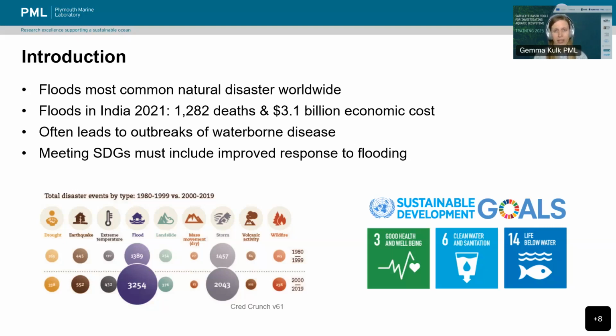Again, for this topic, it's important to consider the new United Nations Sustainable Development Goals, including SDG 3 for good health and well-being, 6 for clean water and sanitation, and 14 for life below water. And if we look at some of the targets of Goal 3, we see that one of them aims to strengthen the capacity of all countries, in particular developing countries, for early warning, risk reduction, and management of national and global health risks.